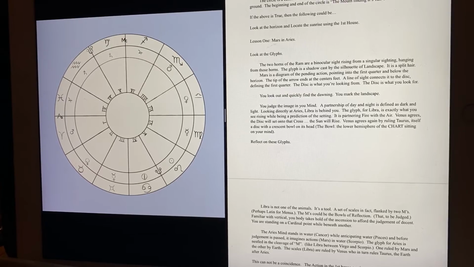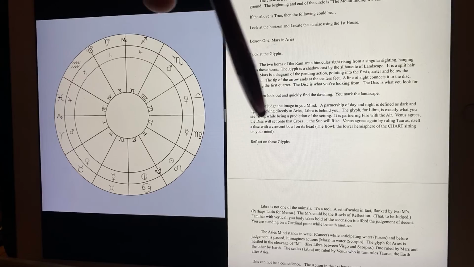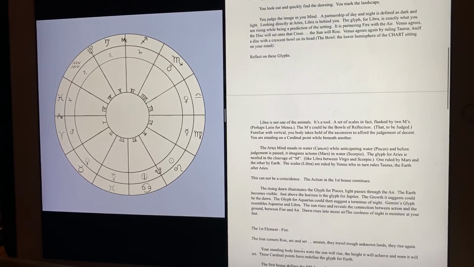The sun will rise. Venus agrees again by ruling Taurus, itself a disk with a crescent bowl on its head. The bowl, the lower hemisphere of the chart, sitting on your mind. Reflect on these glyphs.